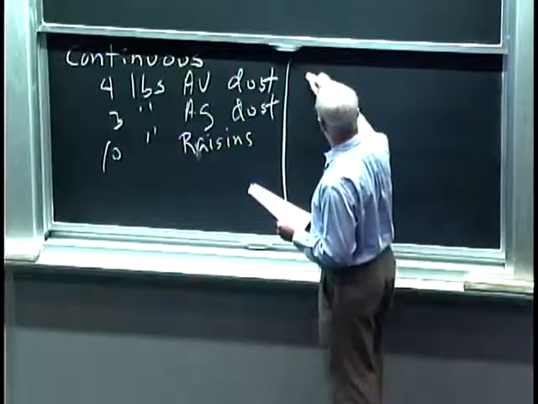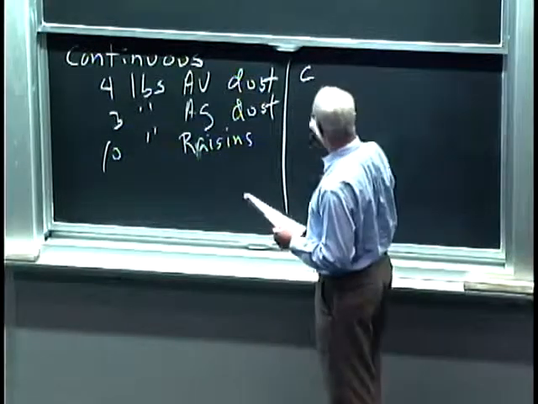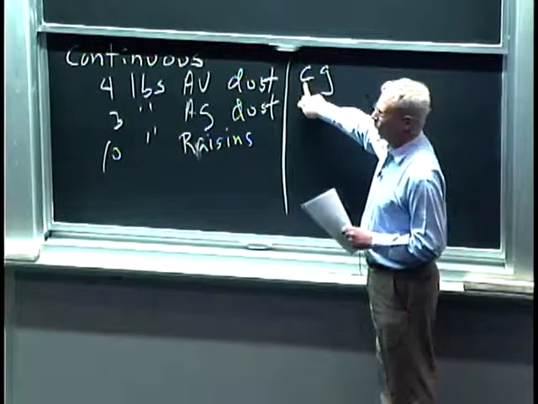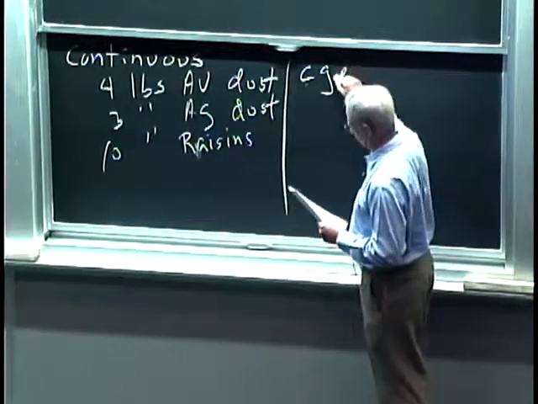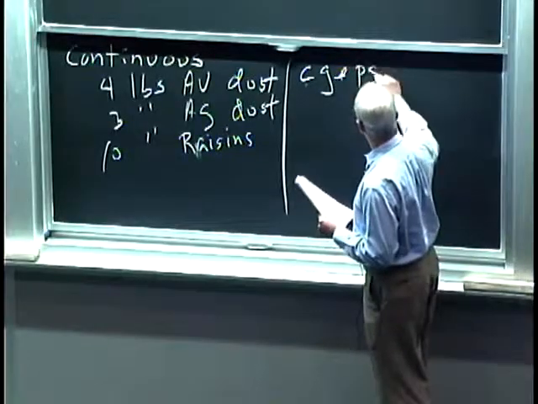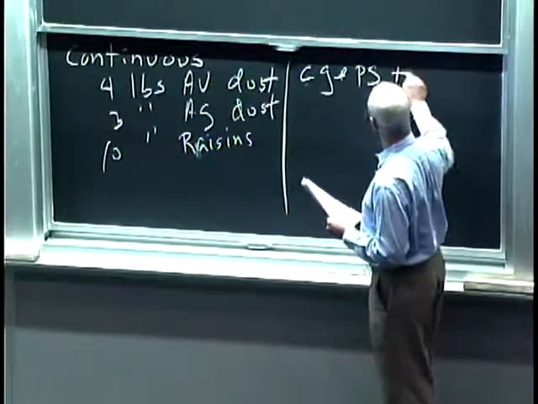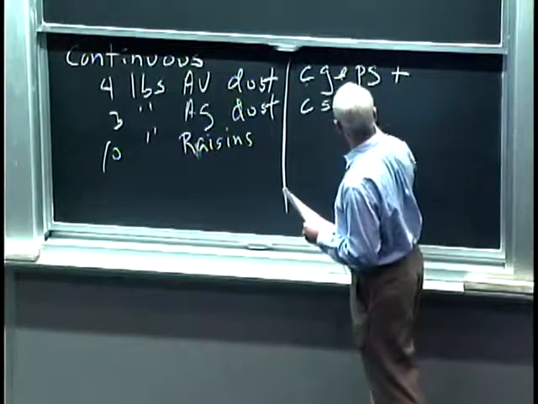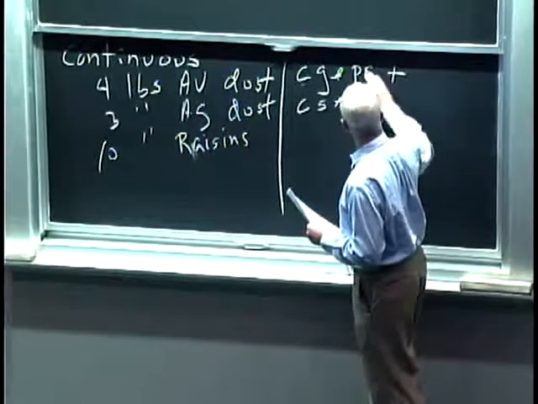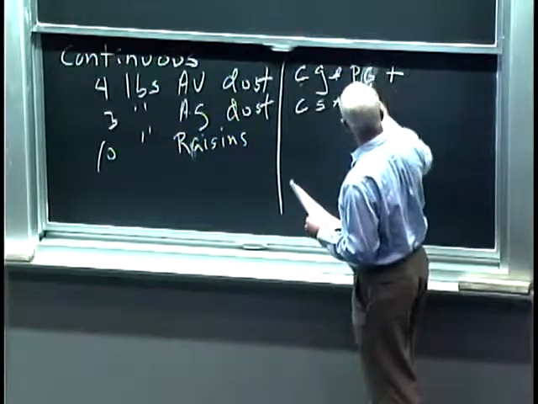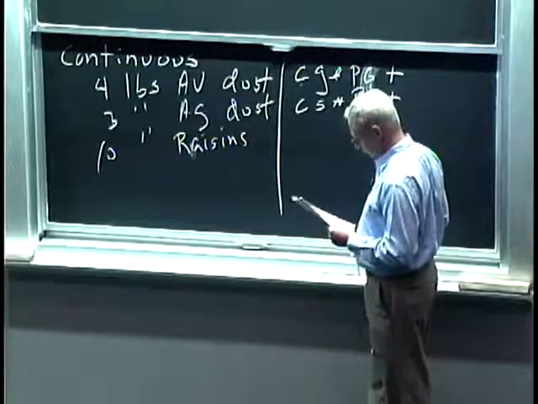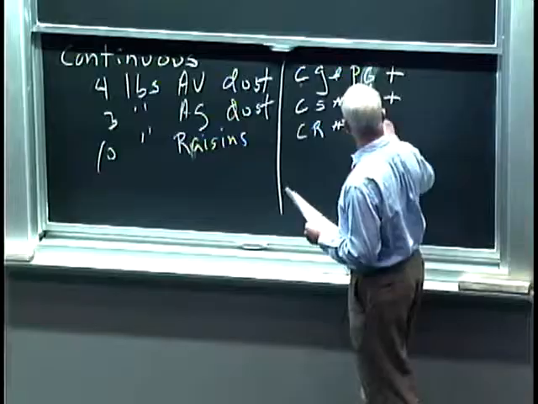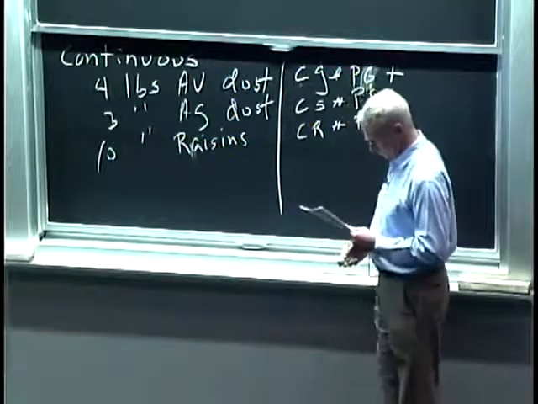Well, let's say it's the value of gold times however many pounds of gold, plus the value of silver times however many pounds of silver, plus the value of raisins times the number of pounds of raisins.